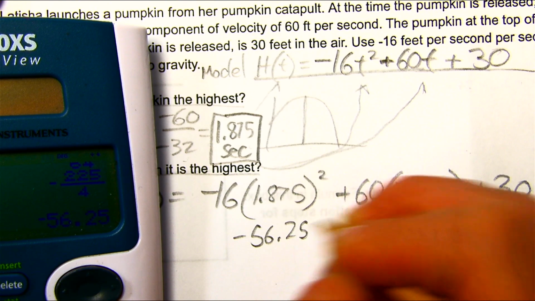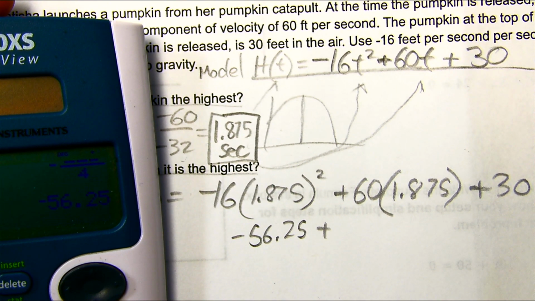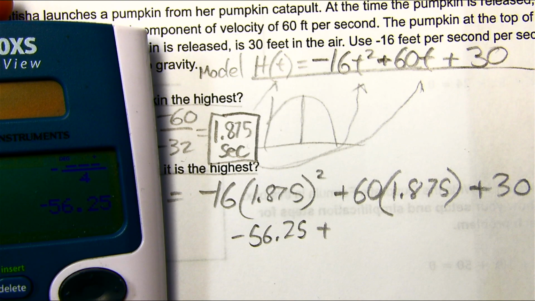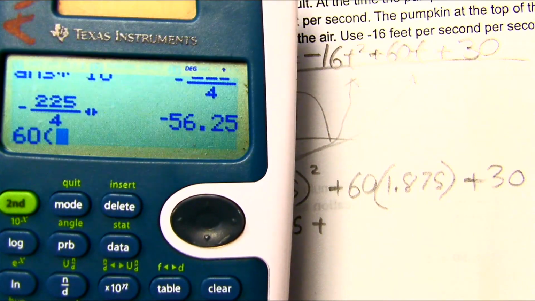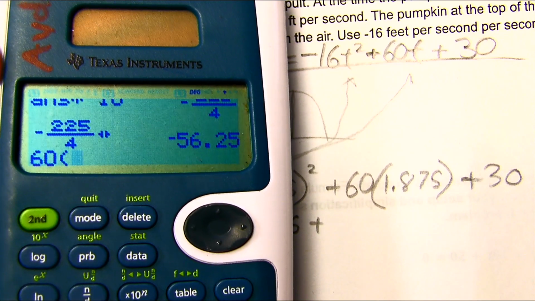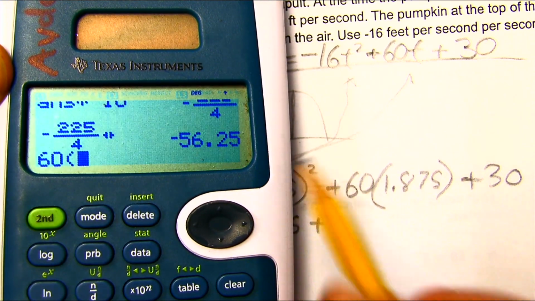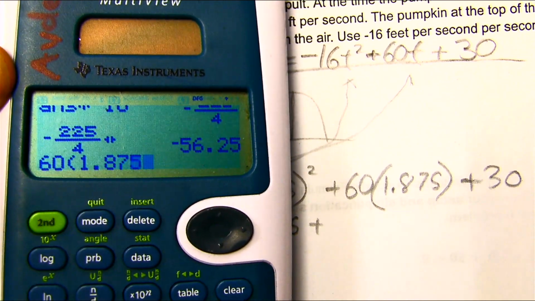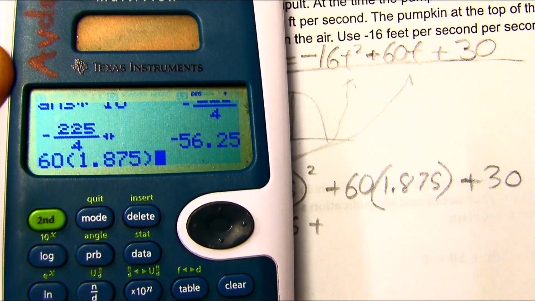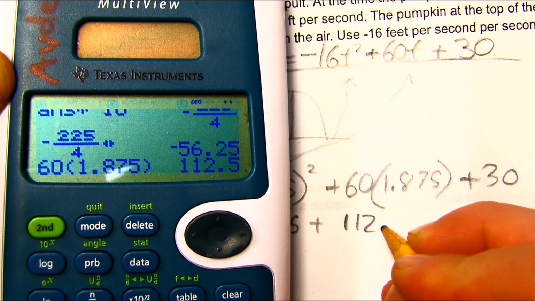That's just the first term. I had to tell my calculator to give me a decimal. I think Desmos gives you decimals automatically. If you don't know how to make your calculator give you a decimal, go Google that right now.